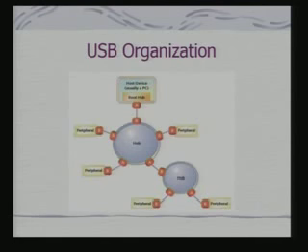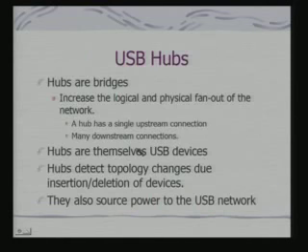So this USB organization we have also seen in the last class. You have these hubs to which the peripherals are connected. So it effectively increases the fan out of the network, and hubs are nothing but a bridge in a USB organization. USB hubs are bridges which increase the logical and physical fan out of the network. A hub typically has a single upstream connection, and it can have many downstream connections.